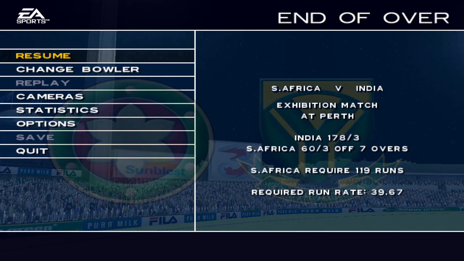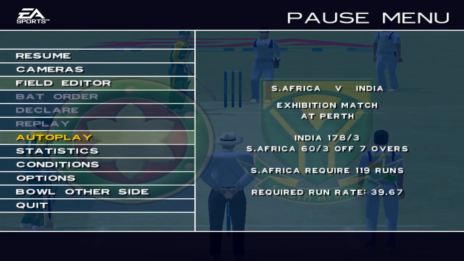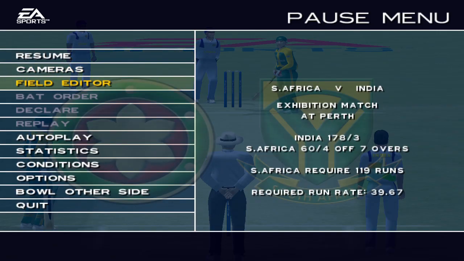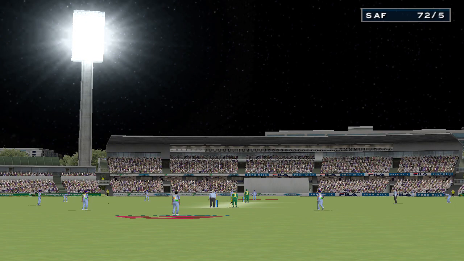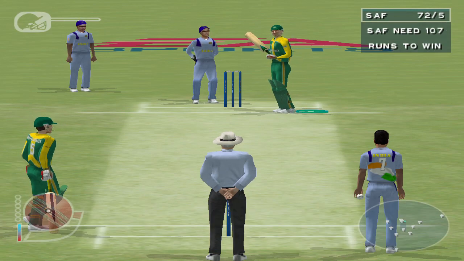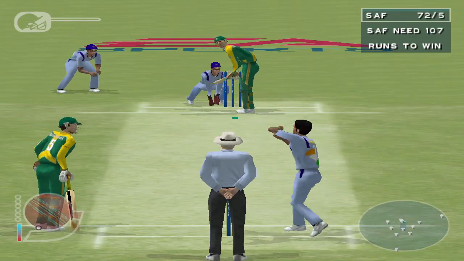An easy single there to Rudolph. 5 runs came from that over for South Africa. The required run rate is over 15. Both openers are now gone for South Africa, and it's still anyone's match.